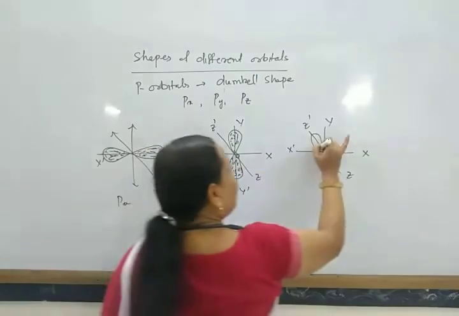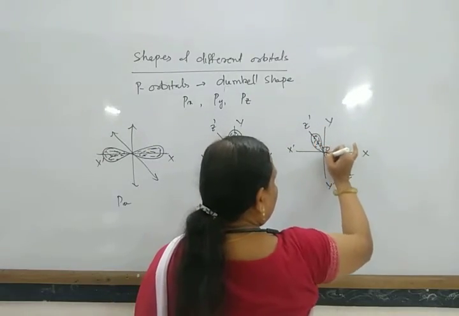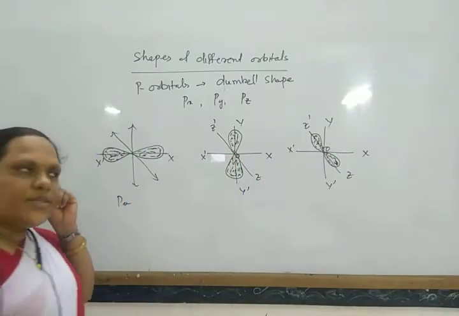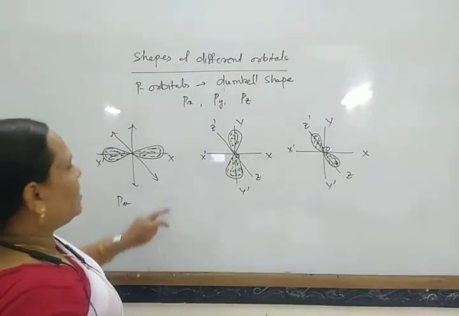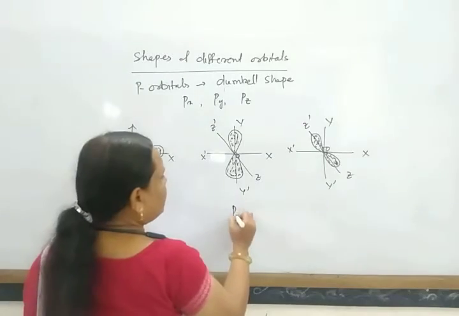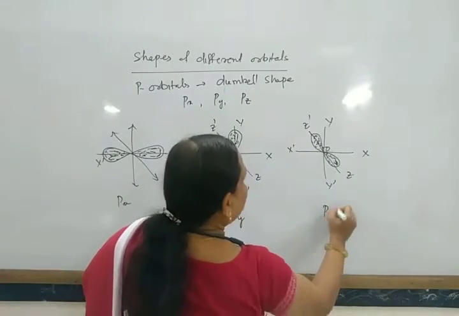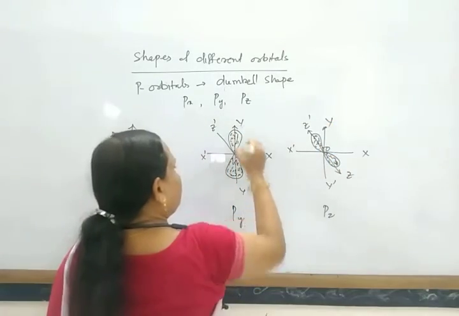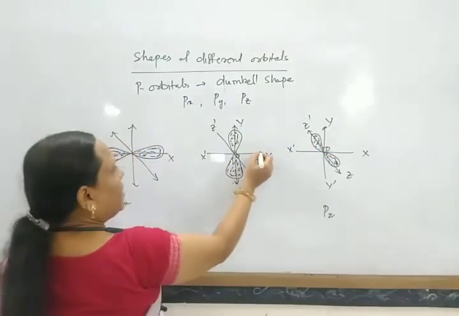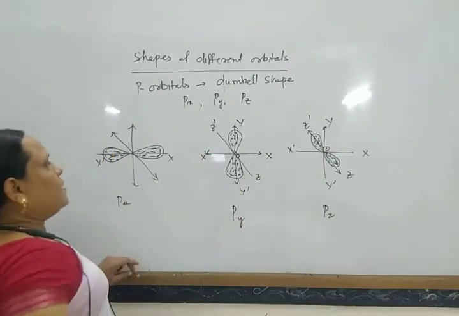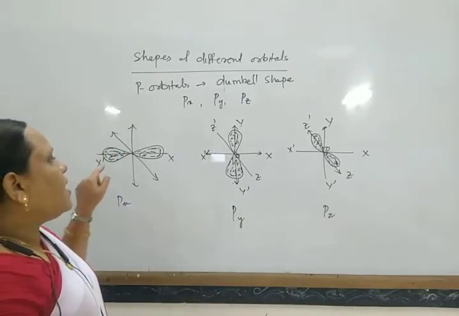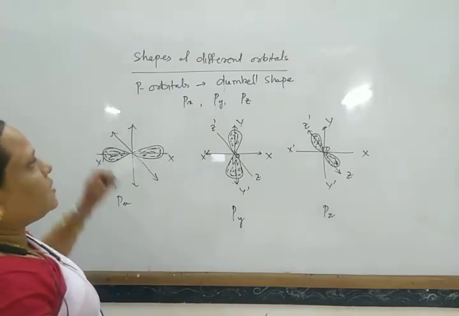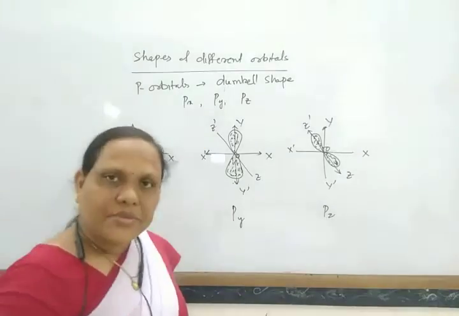Actually all these are wave functions, a form of wave. This is a positive wave function and this is a negative wave function. So this is px, this is py, and pz remains along the z-axis. So p orbitals are of three types.